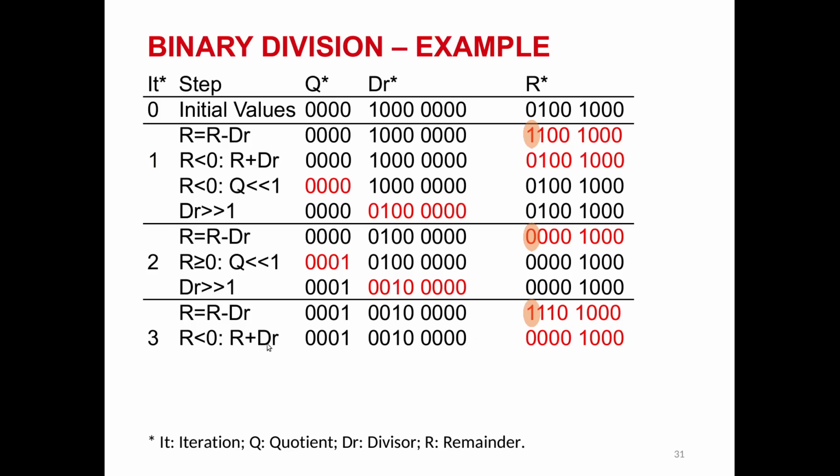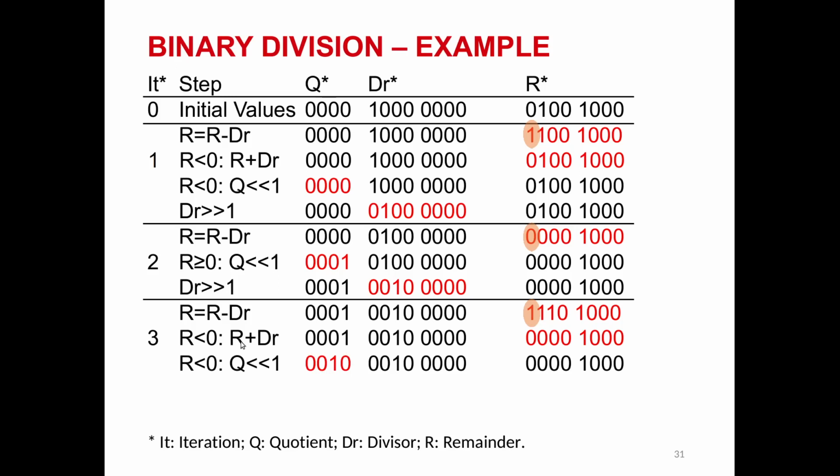And we also know that the result for quotient at this step is 0, and so we shift q one bit to the left and add 0 at the end.